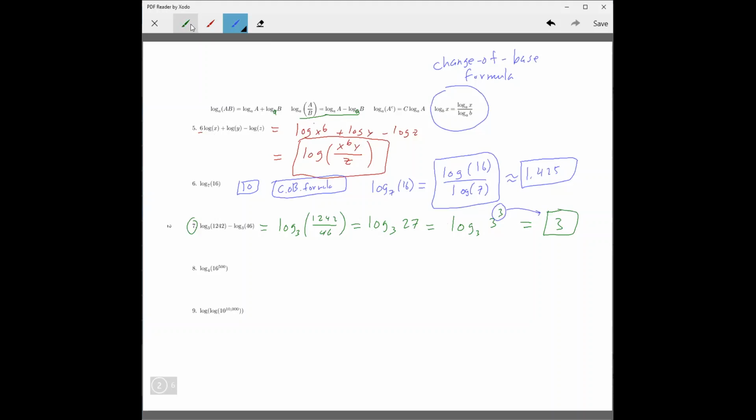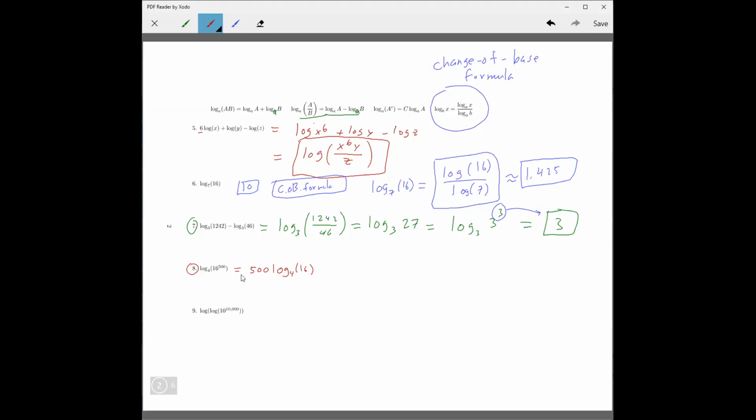Okay, let's look at the next one as well. Log base 4 of 16 to the 500. Here you can pull the 500 out in front. That's from this row here, just pulling this 500 out in front.